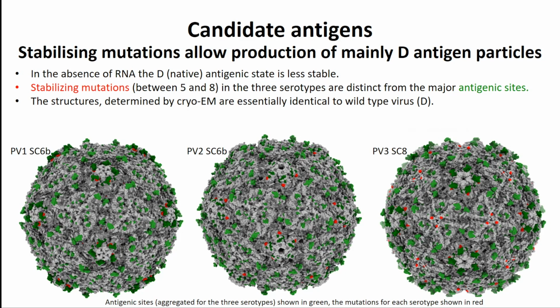As you can see here, the green objects highlighted are the antigenic sites, and the red are some of the stabilizing mutations, and there's no interference between the two. So although the particles are more stable, they are antigenically unaltered.